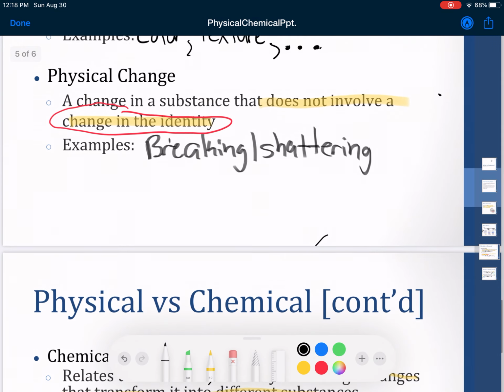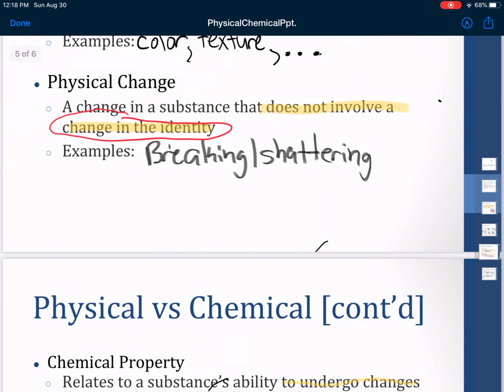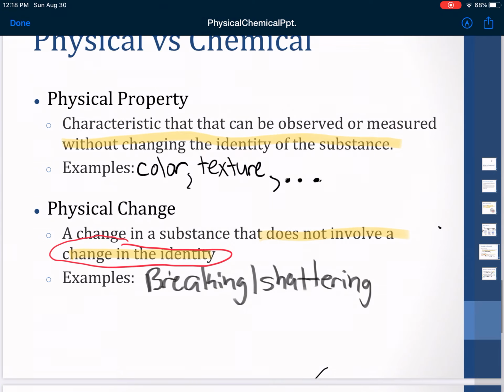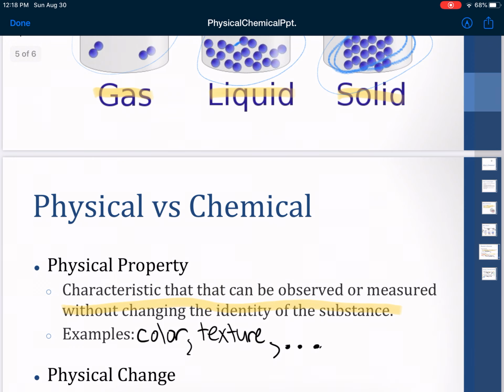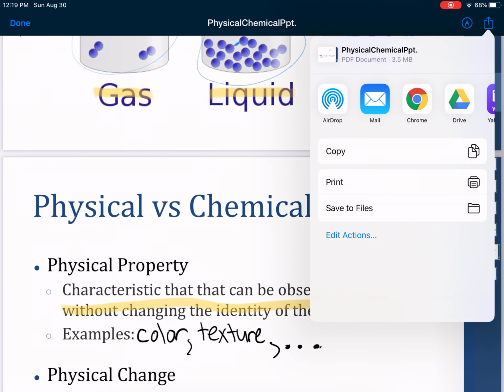What happened there? Oh, it's not giving me the opportunity to save anymore, even though before it was. Well, I'm going to check it back on that because we should just be able to click done and then save it to our files. Let's try this. Okay, here we go. I can click this little box with the arrow, sharing out.